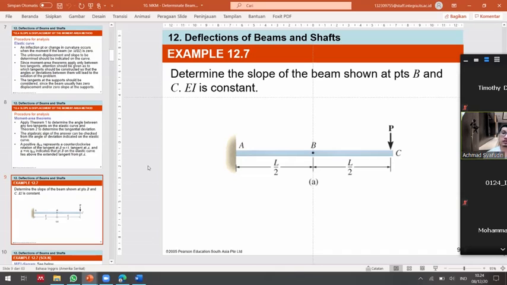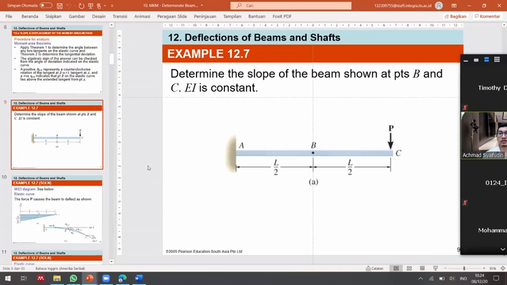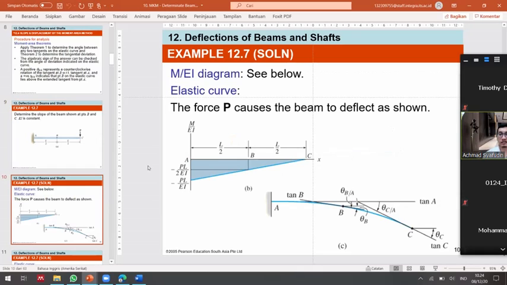And the load is a concentrated force at point C. Let's see how to solve this problem. After we solve the support reactions, we can apply the theorem of the moment area method.